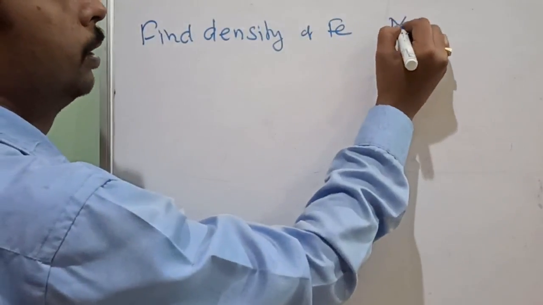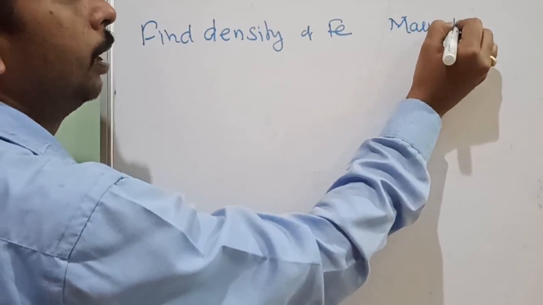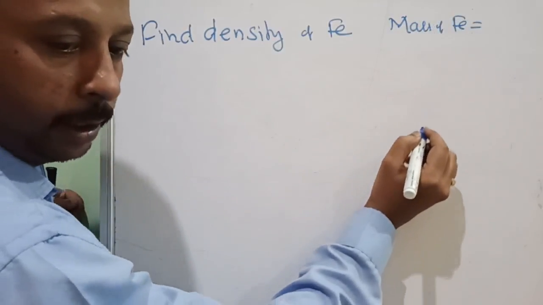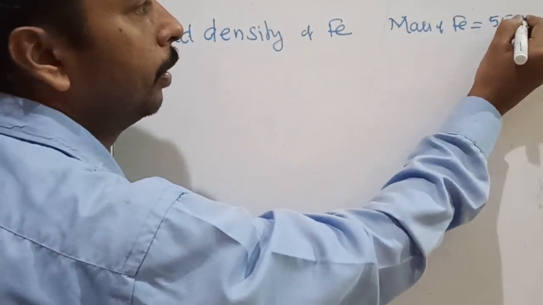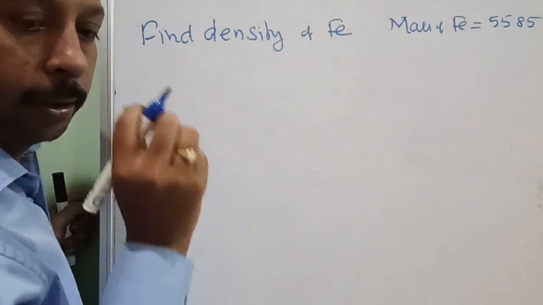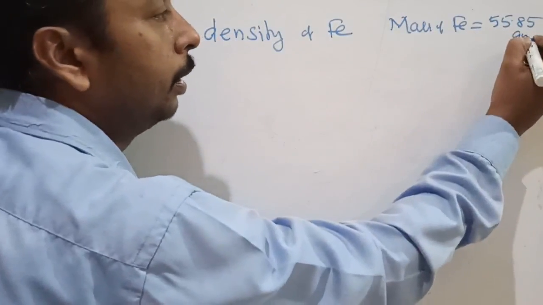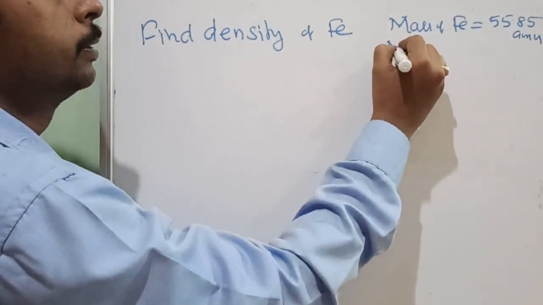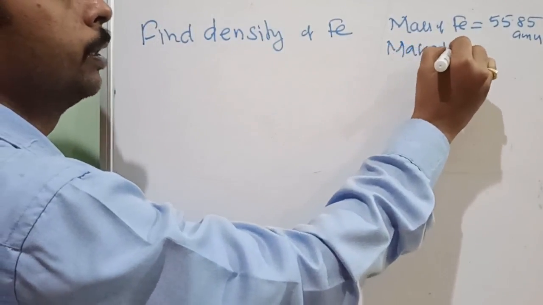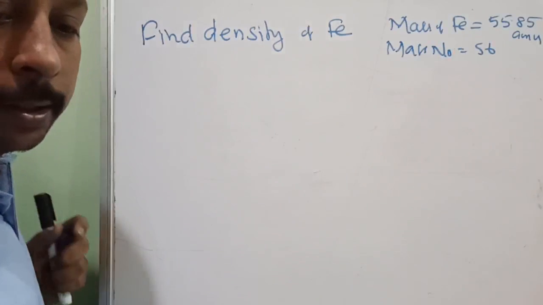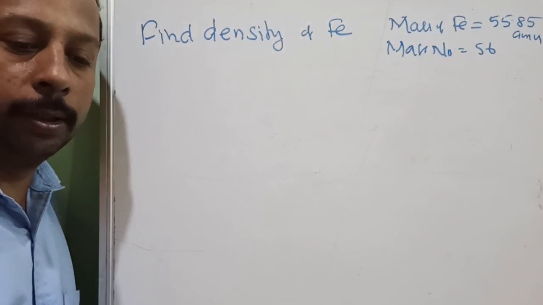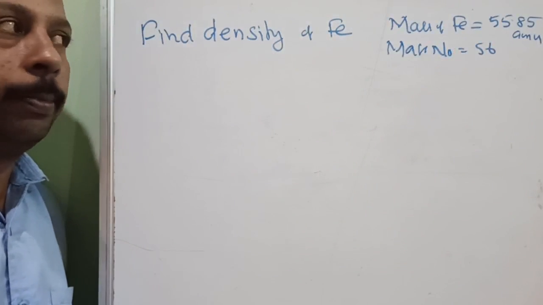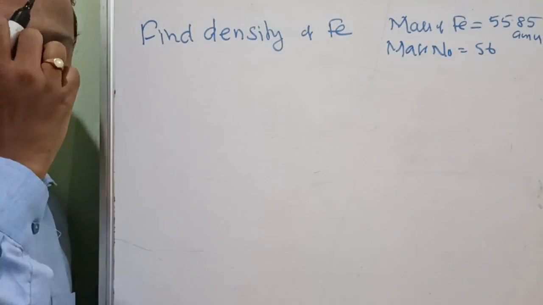Given that mass of Fe is equal to 55.85. Okay, what is this? Units are AMU, and mass number is equal to 56. Everything I think you know this. Is it understood? Now by using this you have to find out. Understood?